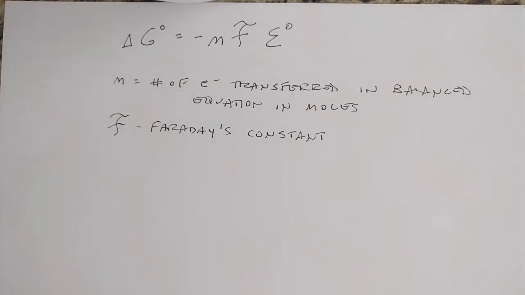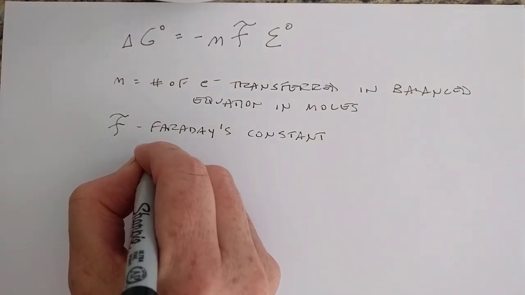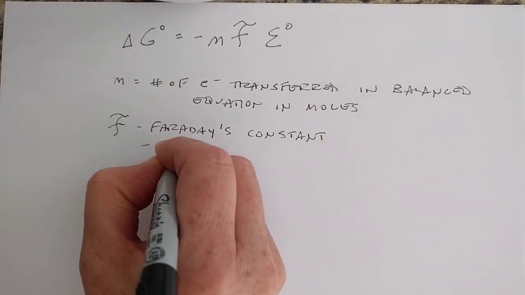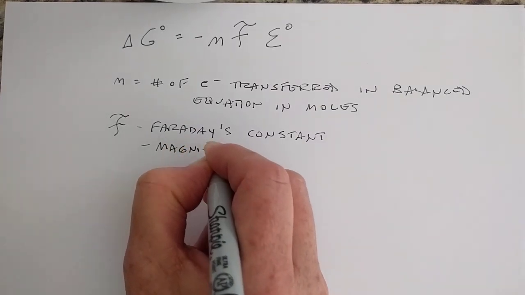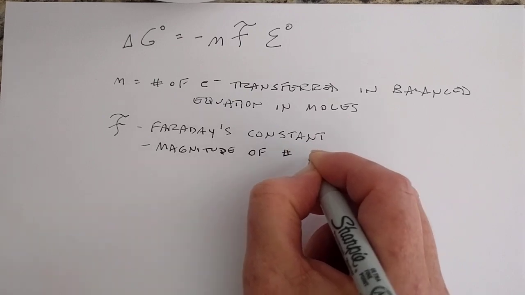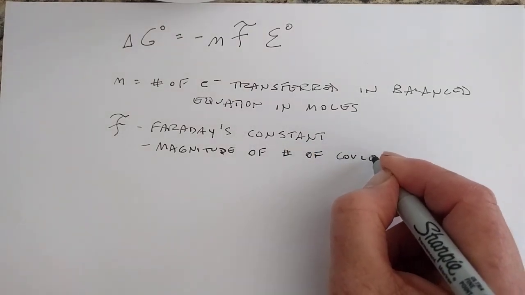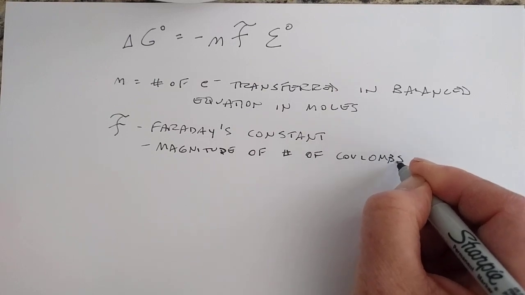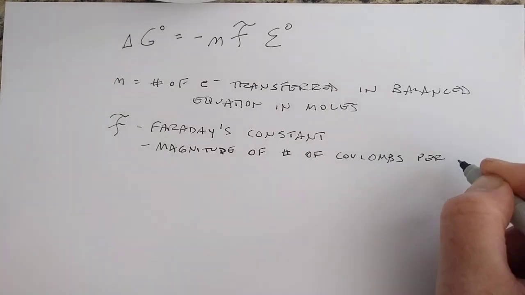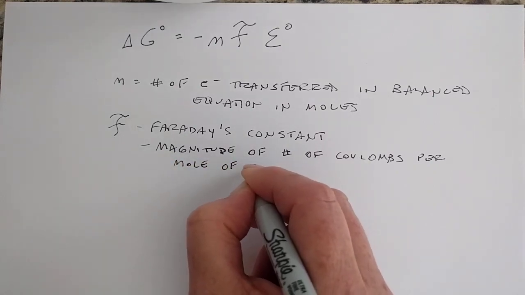So Faraday's constant is the magnitude of the number of coulombs per mole of electrons.